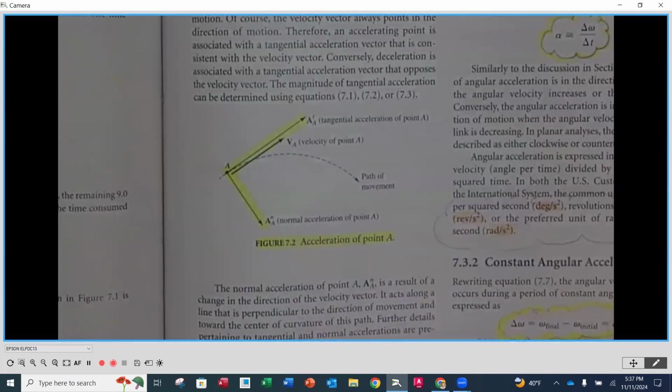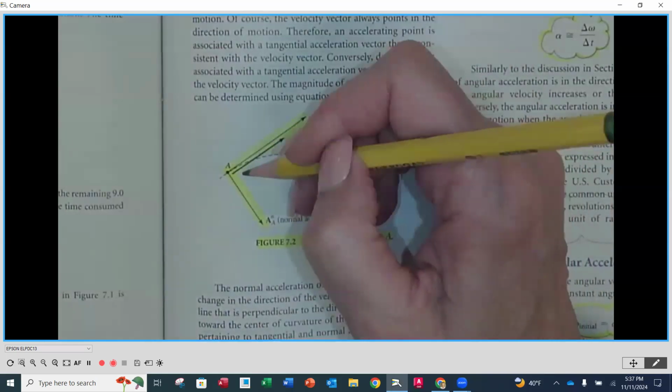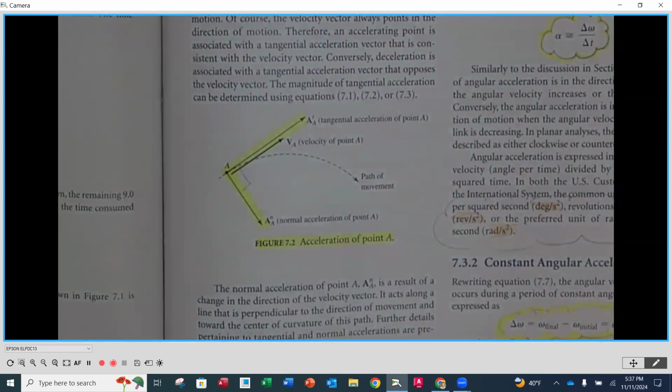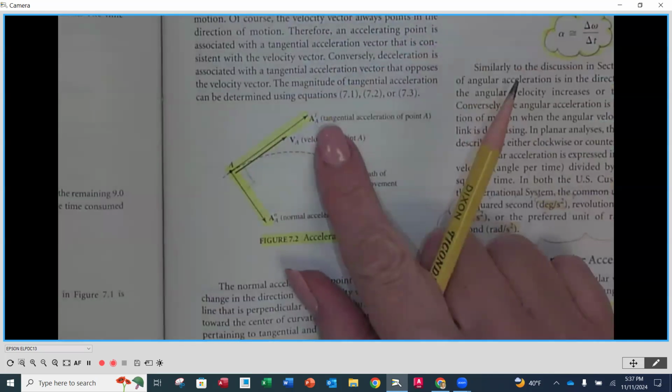Now, acceleration. Of the two components we talked about, the tangential component, if this is the radius back to the center of rotation, is going to be perpendicular to that radius. And it is going to be in the direction of velocity when we are speeding up.